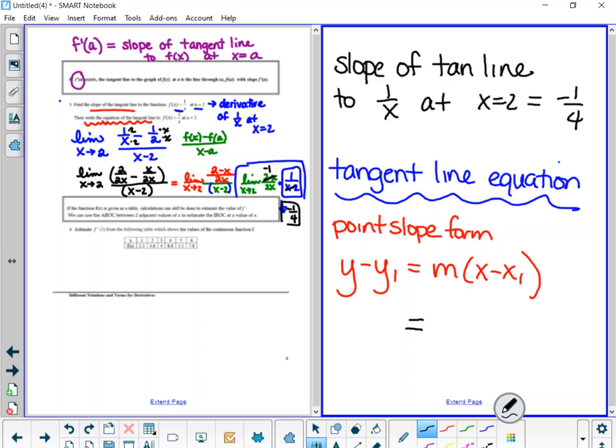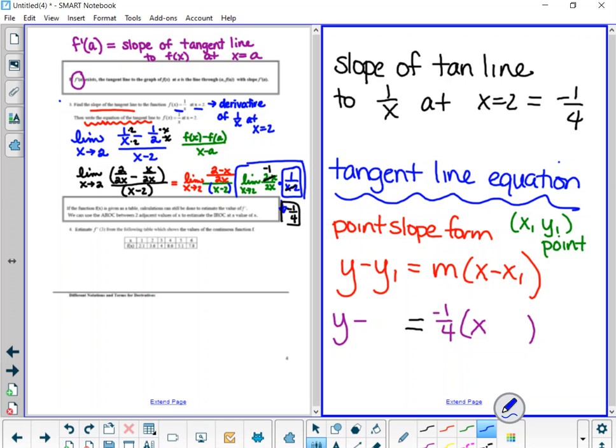So, the negative 1/4, where does that go? That's m. x and y are x and y. They don't change. x1 and y1 is a specific point on the function.